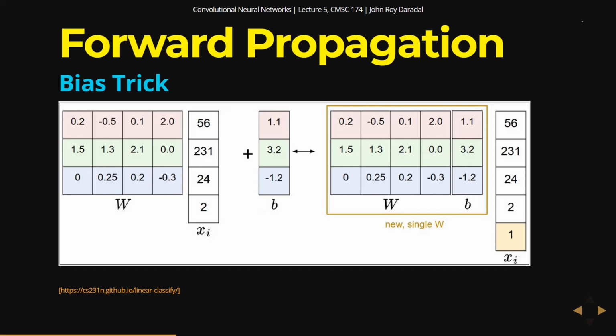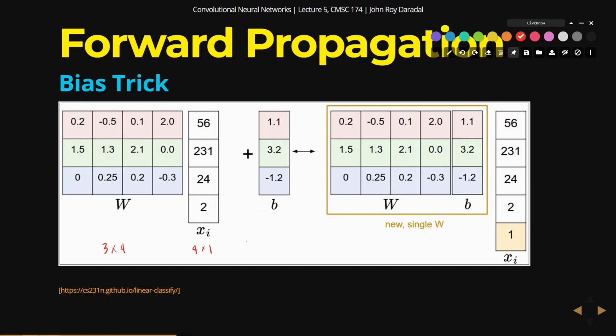However, there is something called the bias trick, wherein we don't have to separately add the bias, but instead incorporate it into the weight matrix so that we only do one matrix multiply. So how does this happen? Basically, if we're doing the matrix multiplication, this one is 3 by 4, and this one is a 4 by 1.